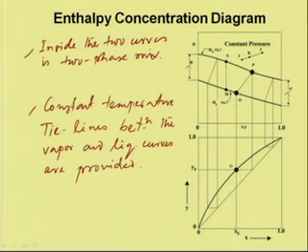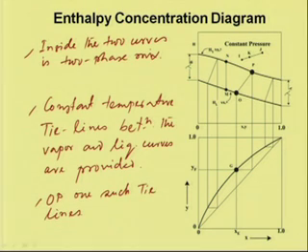O and P, one such tie line. Now, the mixture beyond these two points, above this HV versus Y curve is the superheated vapor, and below this curve is the subcooled liquid.